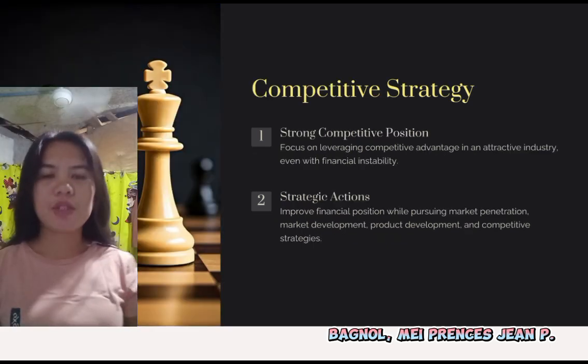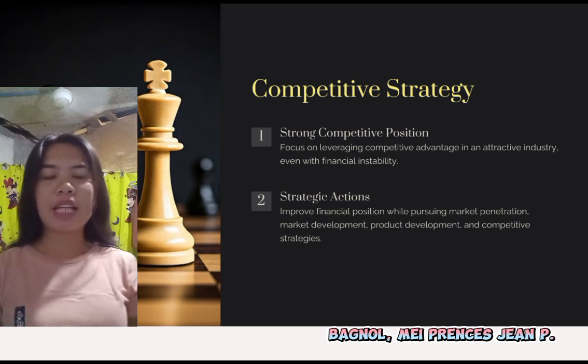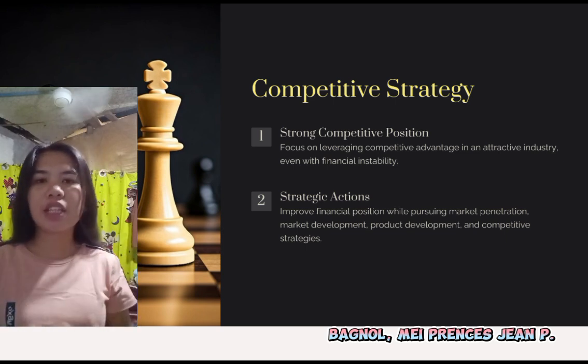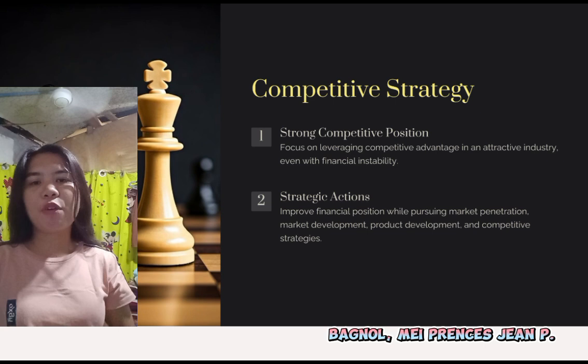Competitive strategy. A competitive strategy in hospitality is all about using a hotel's strengths to stay ahead in a profitable market.